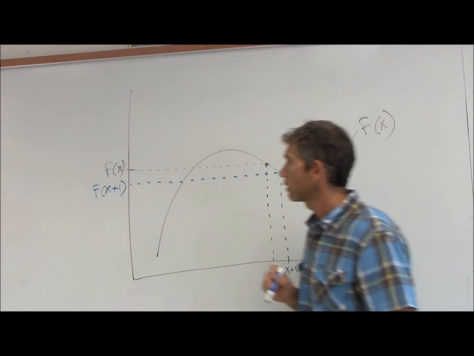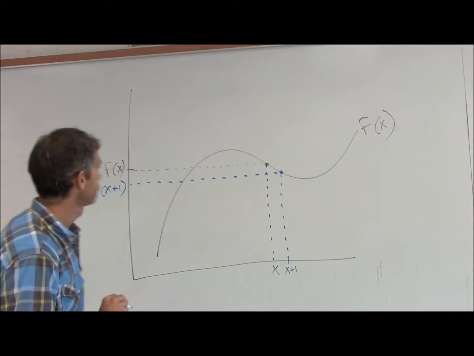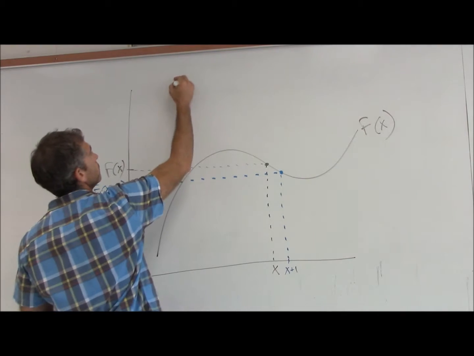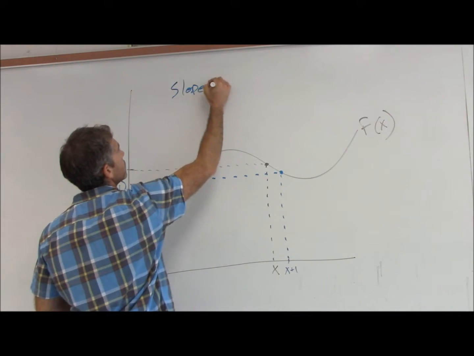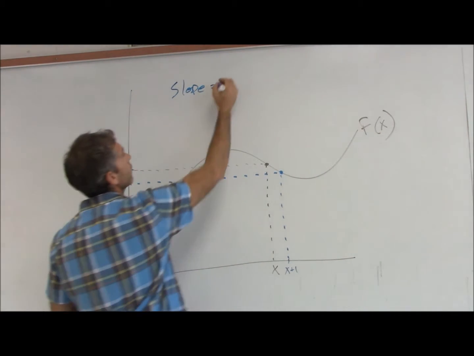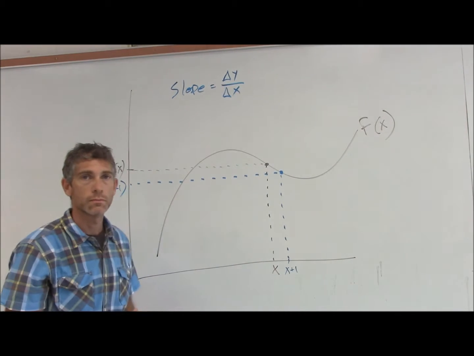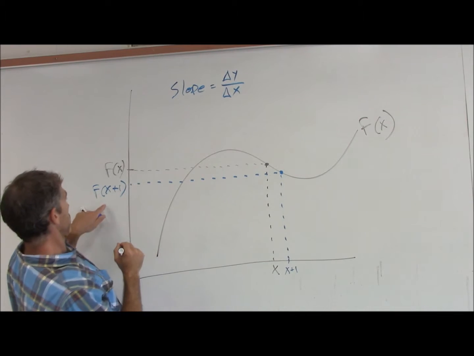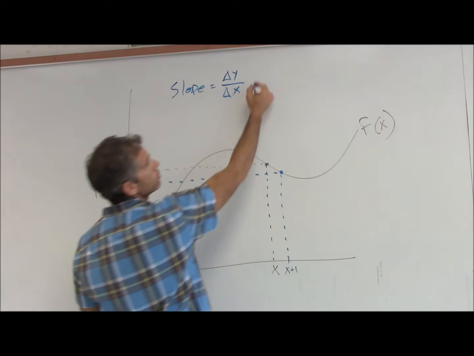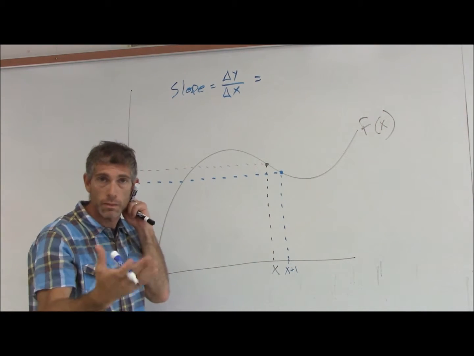I would calculate the slope, which is a change in y values divided by a change in x values. In this case, these are y values, right? When you use the function, you get the y value.